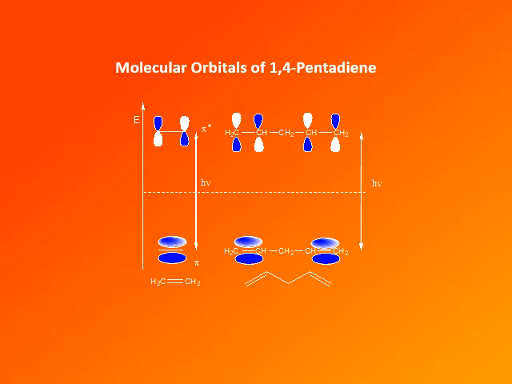It has one bonding pi orbital and one antibonding pi star orbital. Unlike 1,3-butadiene, there is no low-lying pi 1 orbital that would envelop the entire molecule. And that's why this one has lower stability, and this is the stability, as I mentioned earlier, that we consider to be the default stability of a diene.